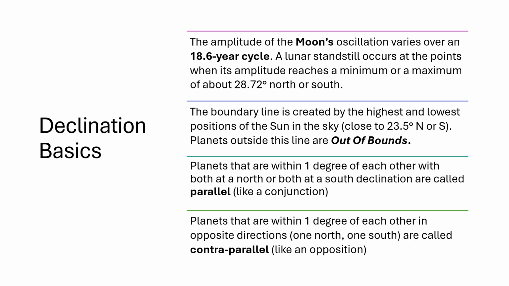Now, planets, when you have them at the same declination, they are rising in the sky essentially at the same point. So they're together, and that operates like a conjunction. If they are within 1 degree of each other on opposite sides of the celestial equator, then that is a contraparallel, like an opposition.